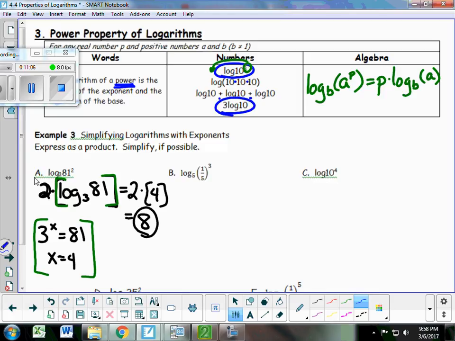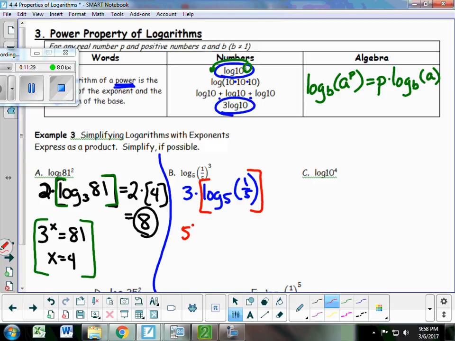So this next one, bring that 3 out in front. So it'd be 3 times log base 5 of 1/5. All right, so let's focus on this. Can we simplify the stuff in there? So that'd be 5 to some power is equal to 1/5. All right, so what power is going to make 5 into 1/5?